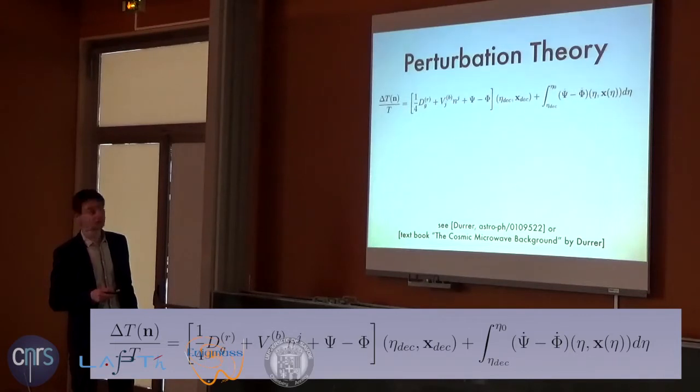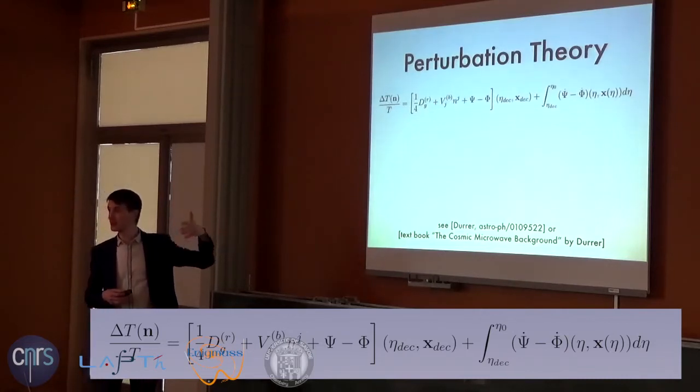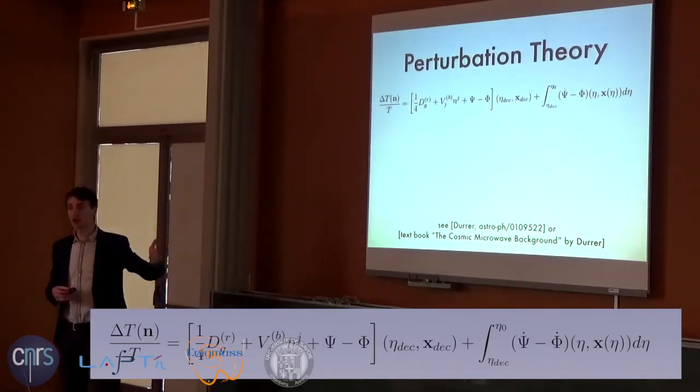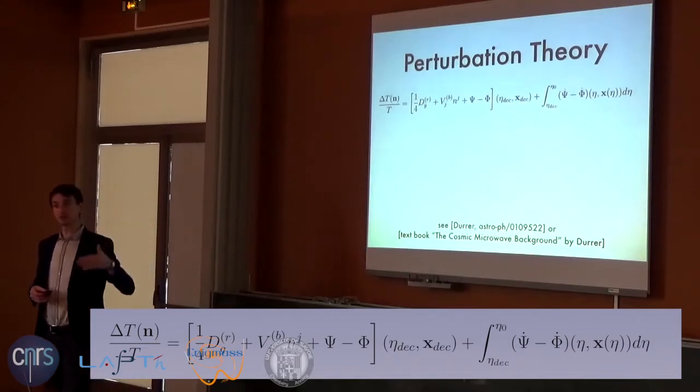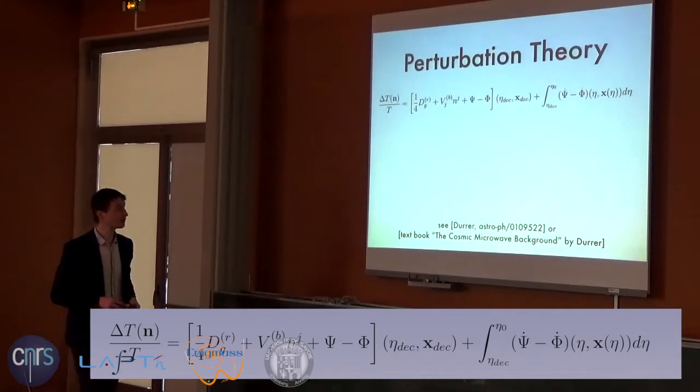This is the integrated Sachs-Wolfe effect. So the photon travels from the surface of last scattering towards us. It falls in some potential along the way and it climbs out of it again. If there was no change in the potential, the net effect on the energy of the photon is zero.